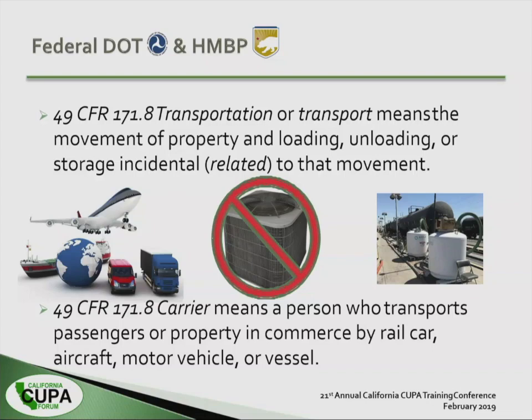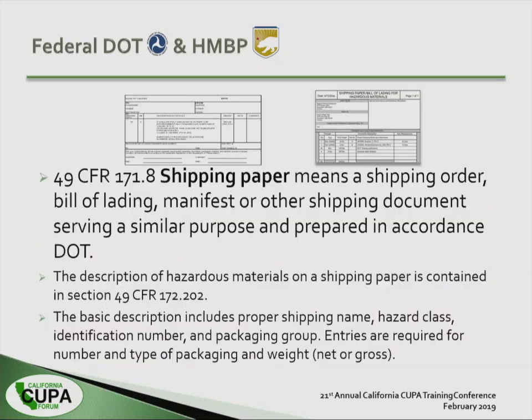It's just anybody that moves these materials on a vehicle or aircraft, vessel. And anything that goes on these vehicles typically carries with it a shipping paper. The shipping paper is just a shipping order, bill of lading, any kind of document, right? It's all up there for you to read.